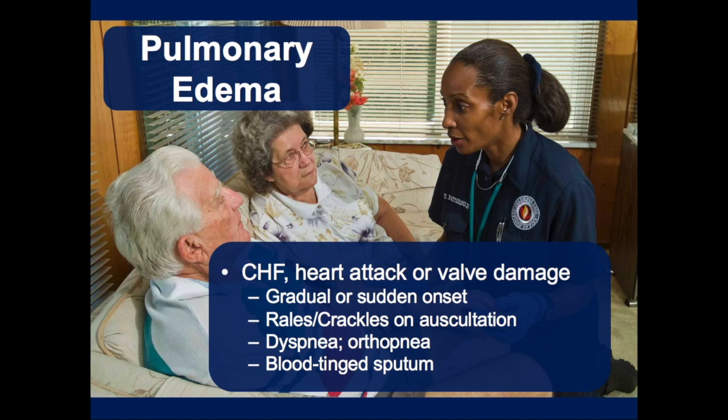So remember the left ventricle, if anything is preventing the left ventricle from pumping effectively and ejecting the blood that it needs to eject, you can have a buildup of pressure back into the blood vessels of the lungs, and the fluid essentially leaks into the spaces between the alveoli and the capillaries, causing the pulmonary edema. And the problem is you can't have adequate gas exchange if you have fluid in your lungs, and then the patient will have respiratory distress.